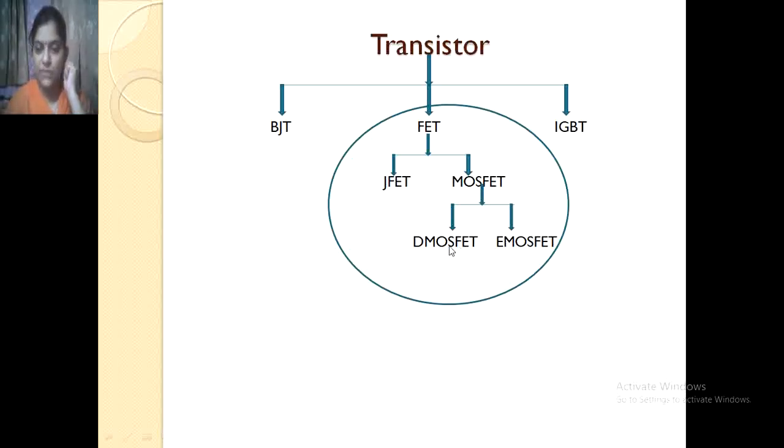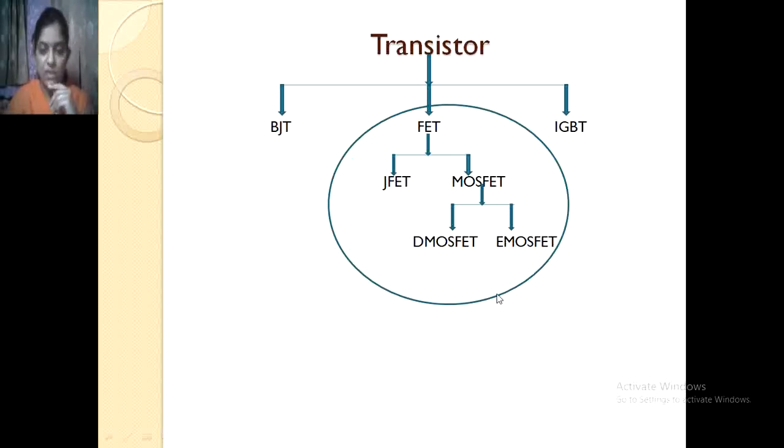D MOSFET is not in your syllabus, but for the Batu syllabus, the MOSFET chapter is related to the E MOSFET. But for how the MOSFET will work in the depletion as well as enhancement mode, already we have seen the D MOSFET, and now we add the E MOSFET.